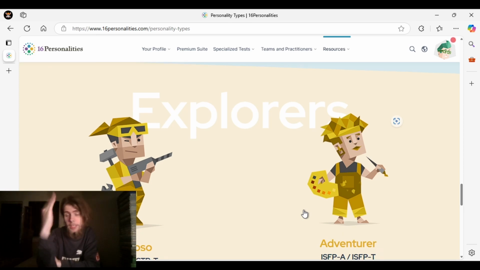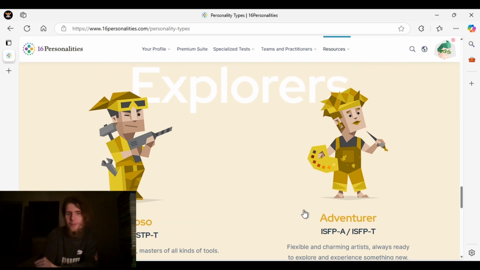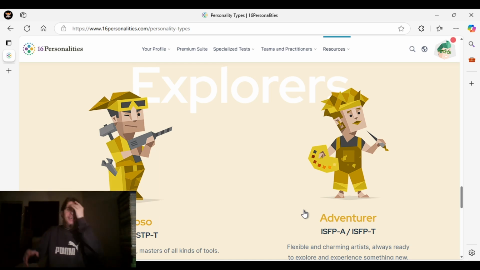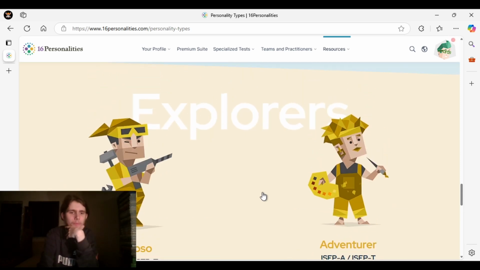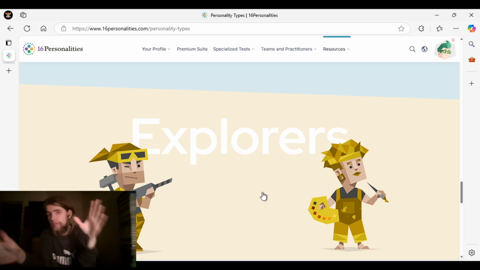Then we have the explorers. Now these are the ones that are willing to get their hands on things, just try things out, and make sure that things work or don't work.